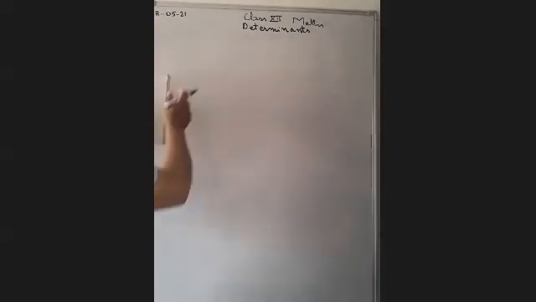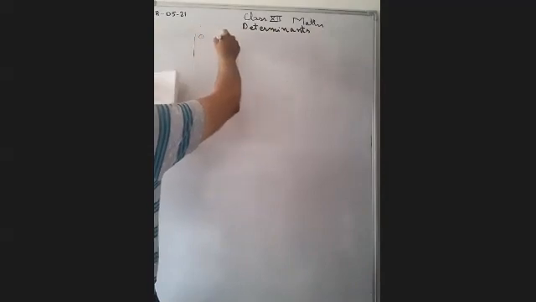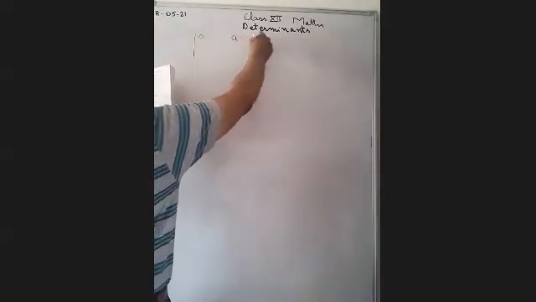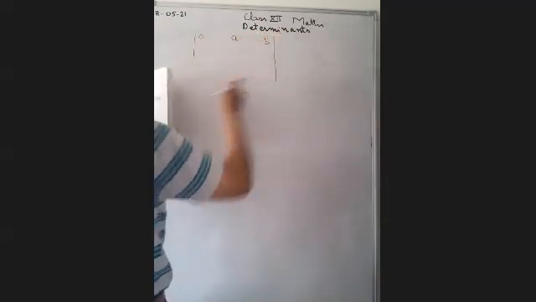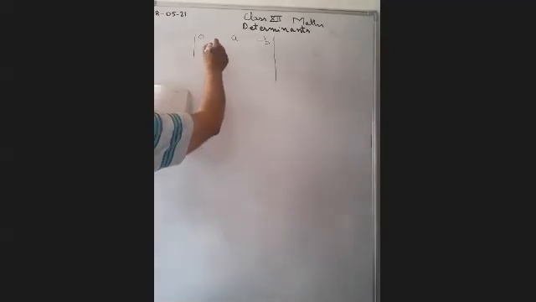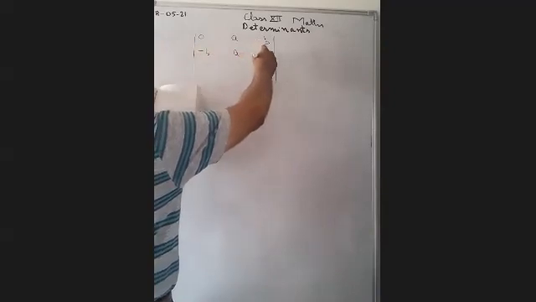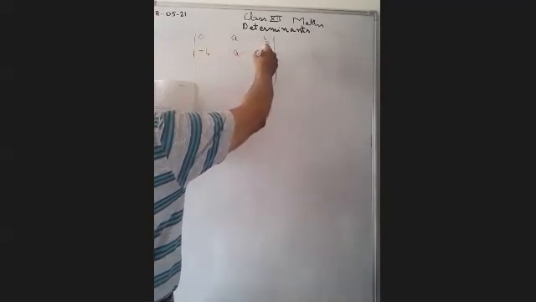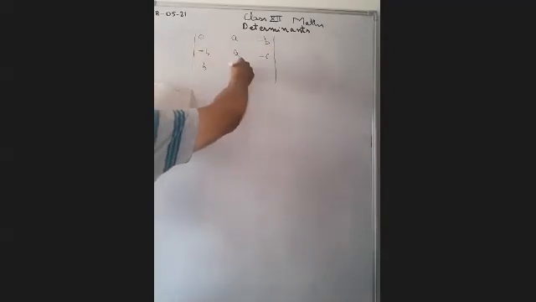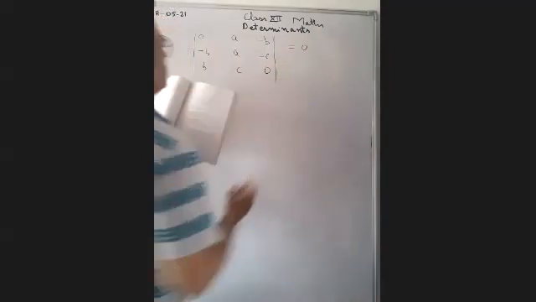Look, this is your sixth question: the determinant with rows 0, A, minus B; minus A, 0, minus C; B, C, 0. We have to prove it is equal to 0.